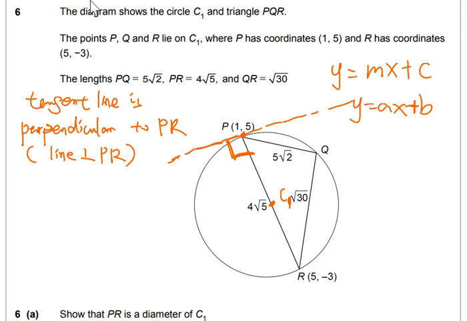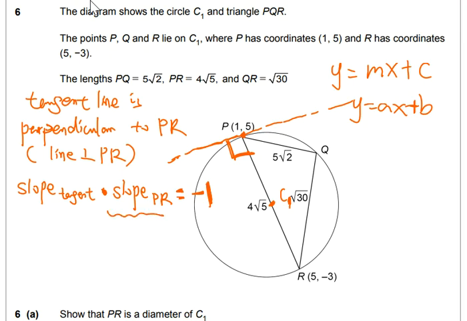We know that the slope of the tangent line times the slope of PR should be equal to -1. In the Cartesian system we have this kind of rule, and we can use it directly.